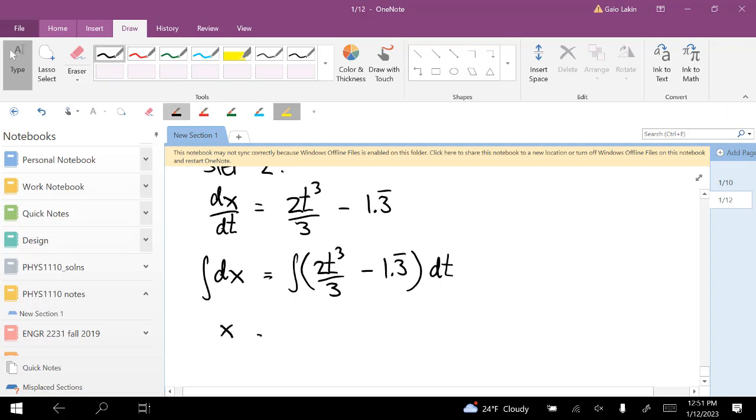So we get x is equal to 2t to the fourth over 12. I'm going to write that as t to the fourth over 6 minus 1.3 repeating times t plus a second constant of integration.